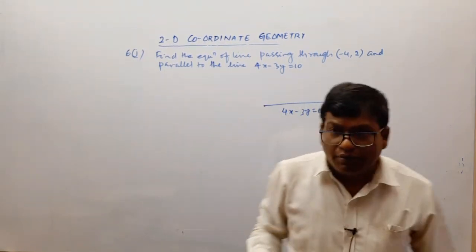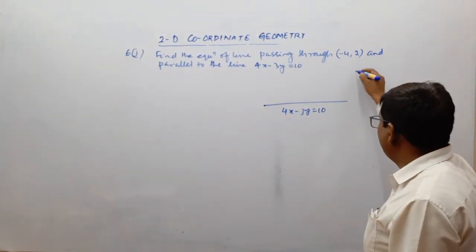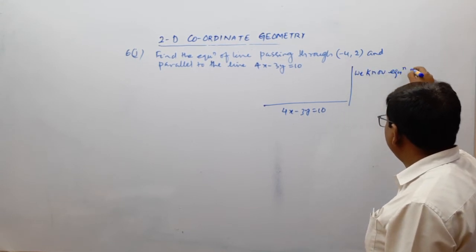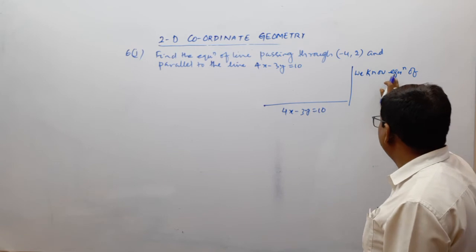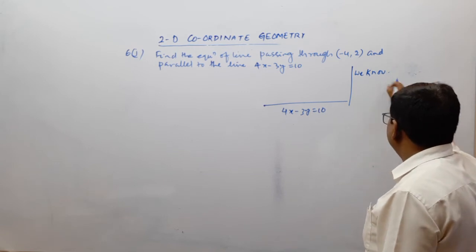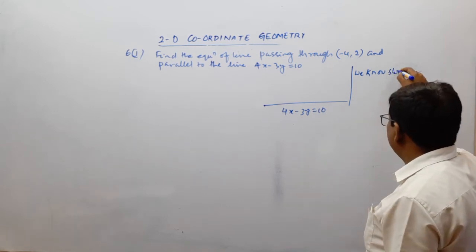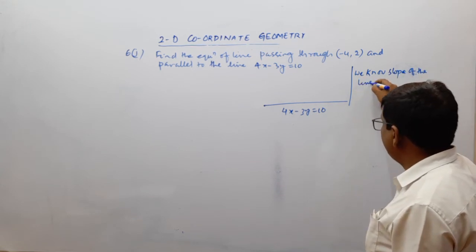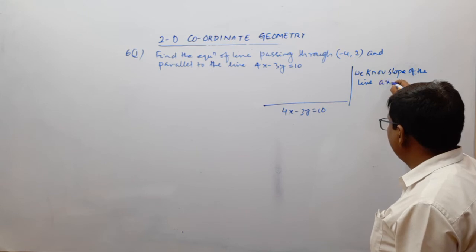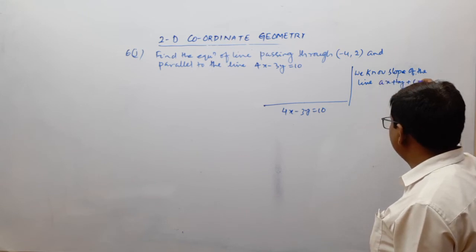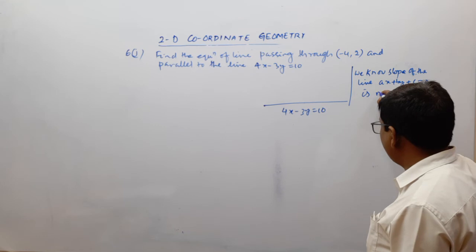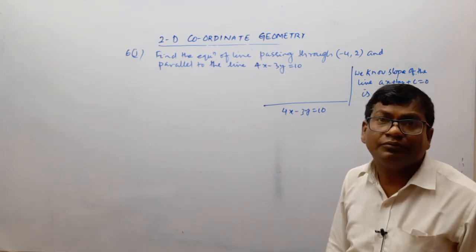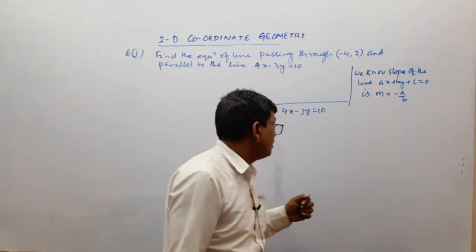We know the slope of the line ax plus by plus c equal to 0 is given by the formula m equal to minus a by b.